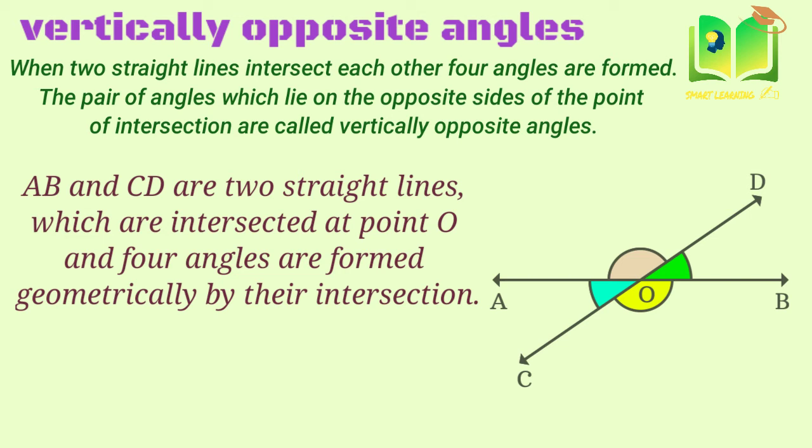In the given figure you can see the lines AB and CD intersect at O. So it forms four angles, that is AOC, DOB, AOD and BOC. Here angles AOD and BOC are vertically opposite angles. Similarly, angles AOC and DOB are vertically opposite angles.